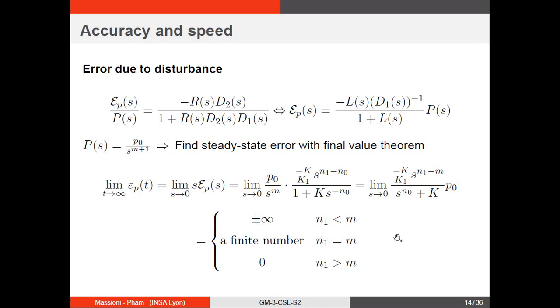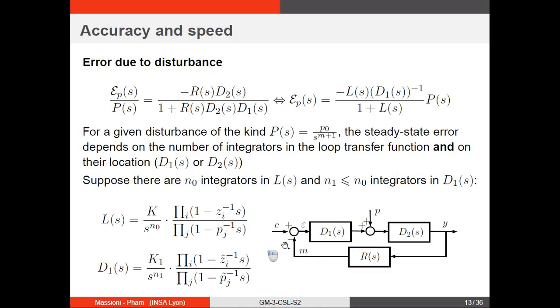that, for example, if you have a step, let's look at here. If you have a step going in here and you want a 0 steady state error, you need to have an integrator over here in D1. If you have an integrator over here and no integrators here, then you will have a final value of a finite number.